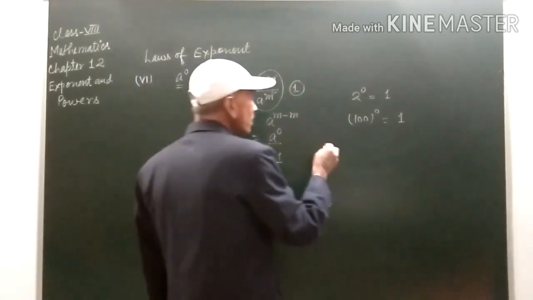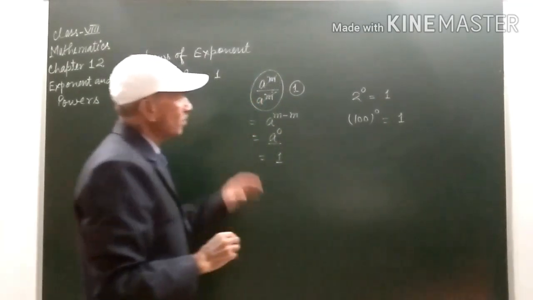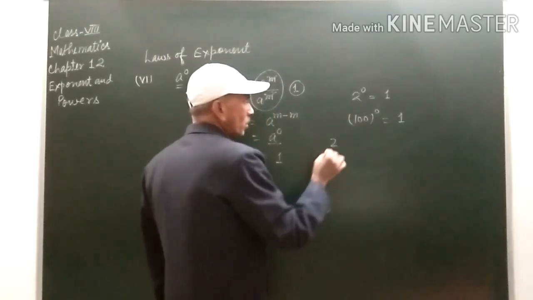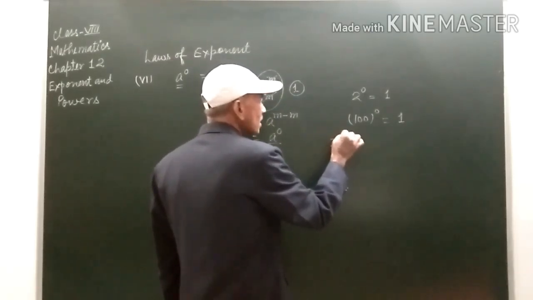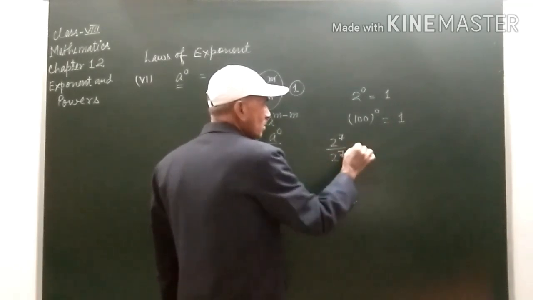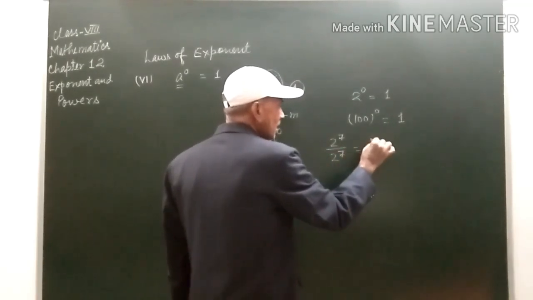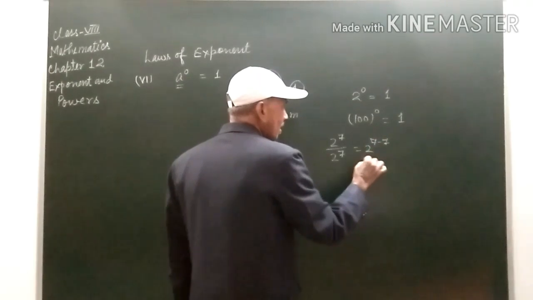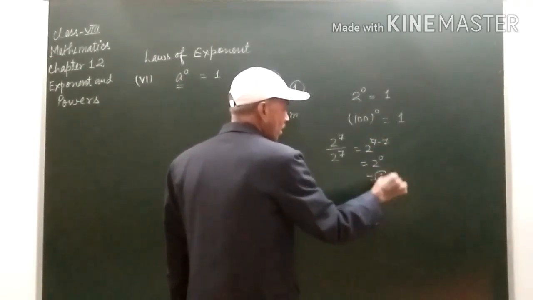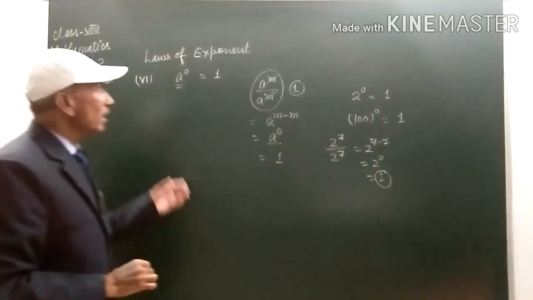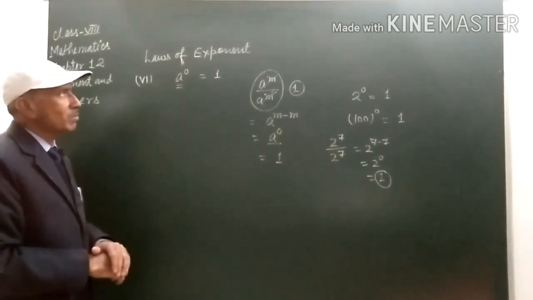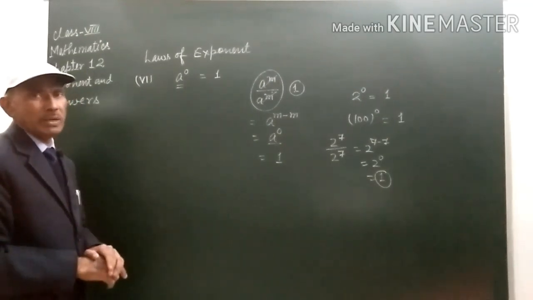Like numbers, take 2 to the power 7 divided by 2 to the power 7. So it will be 2 to the power 7 minus 7, 2 to the power 0, it will be 1. Clear students? If any number has a power 0, the value of that particular number will be 1.